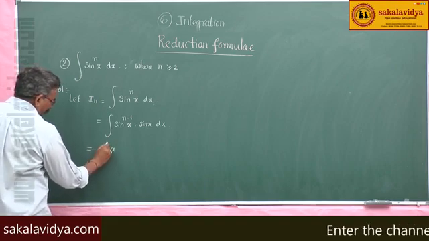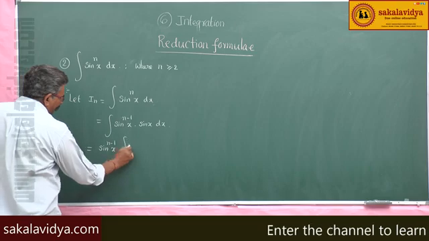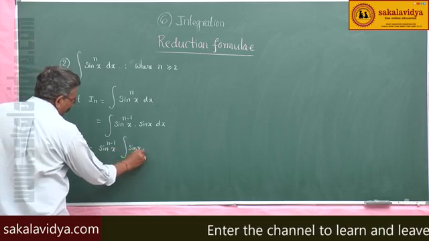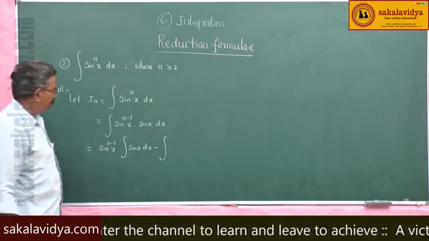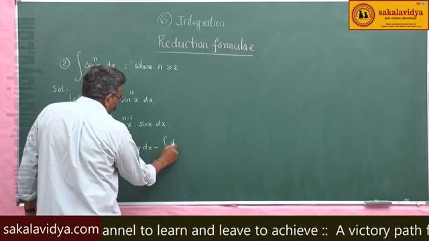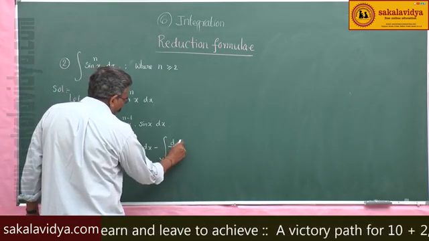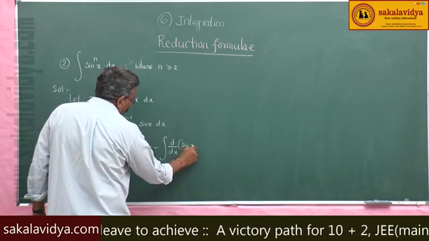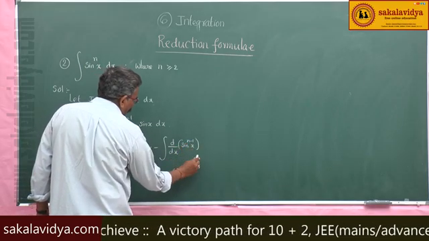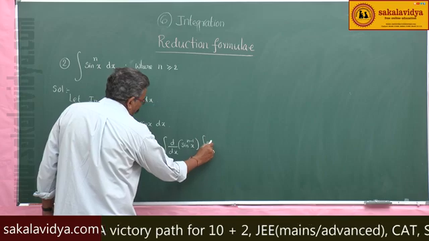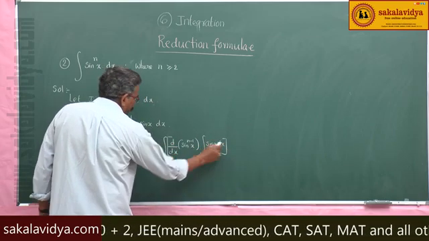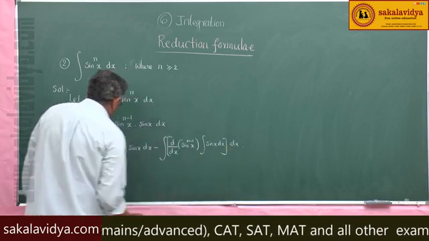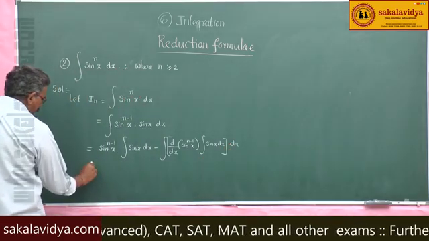Sin x to the power of n minus 1 integral sin x dx minus integral d by dx of sin x to the power of n minus 1 integral sin x dx, and whole dx. Integral of sin x is minus cos x.